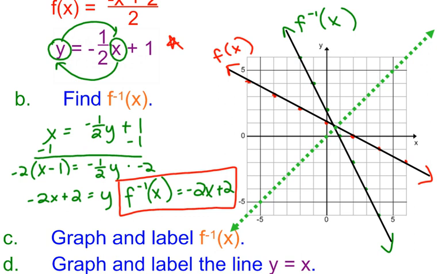I'm a little bit off because I didn't make mine perfectly straight. Ideally, I would have had this part on that line. But it's fine. It's going to get the job done. It's a sketch when you do it by hand. But you can see that these linear functions still reflect across the line y equals x. And that's what should happen with all of your inverse functions. That's what we want to notice about them.